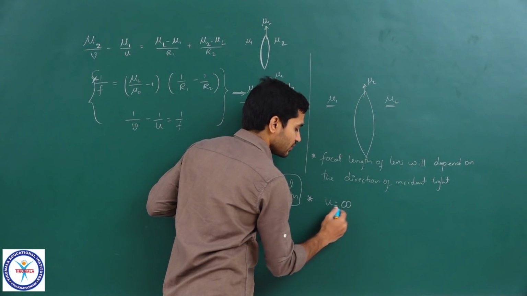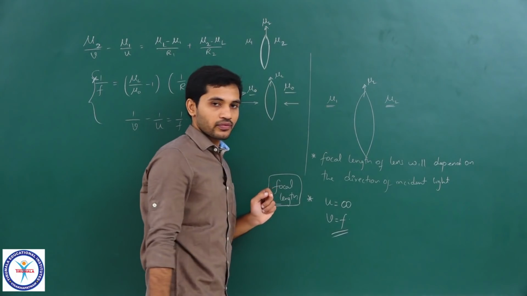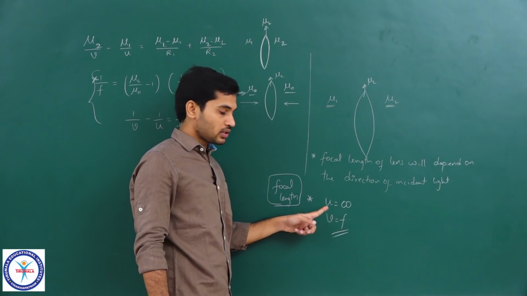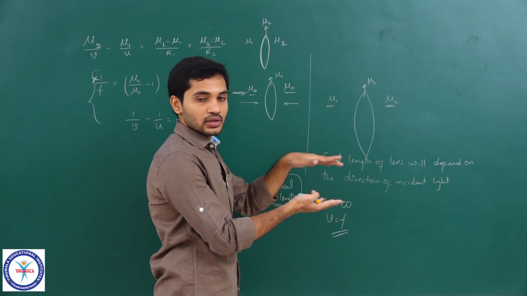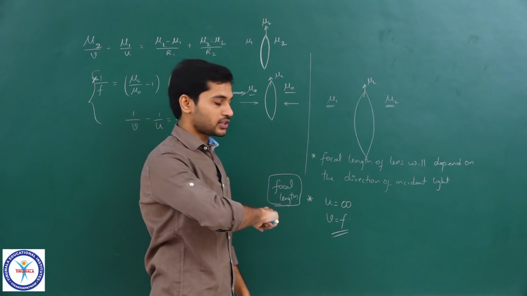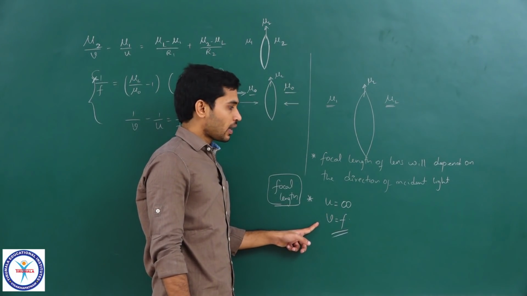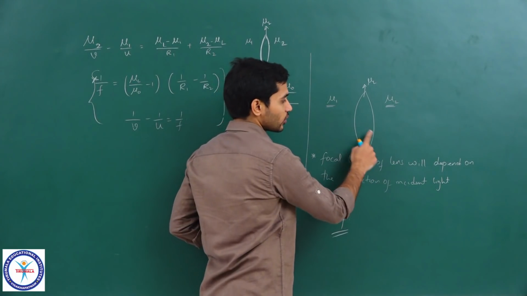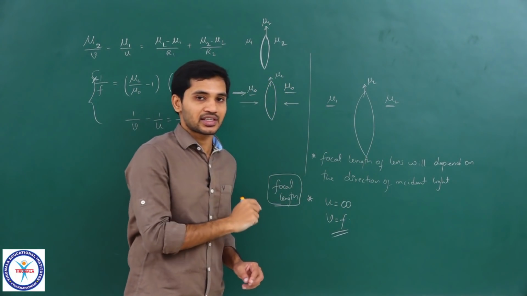Make u infinity and your V will be f. Which means make parallel light rays come and strike that system and look at where those are converging. That will give you the focal length. So, we will use this concept and try to find focal lengths for a lens with different media on either side. We will see that in an example now, clear.